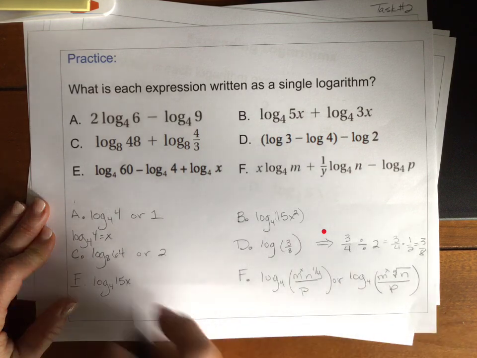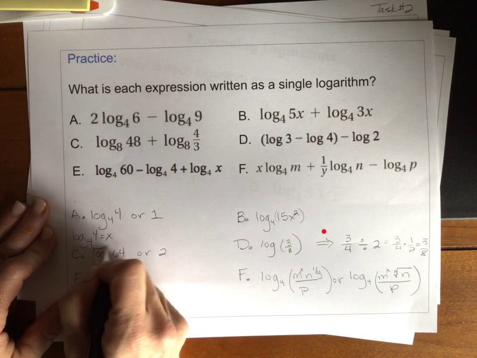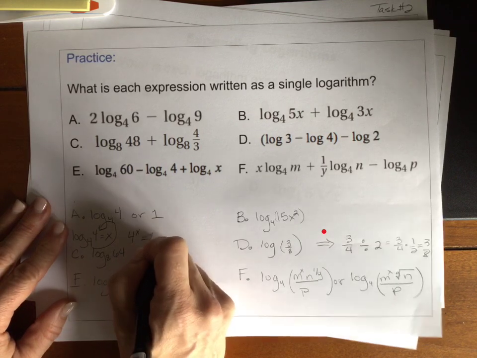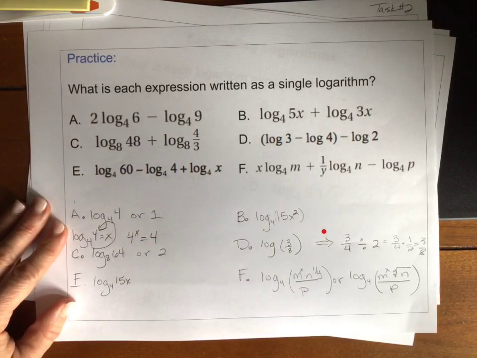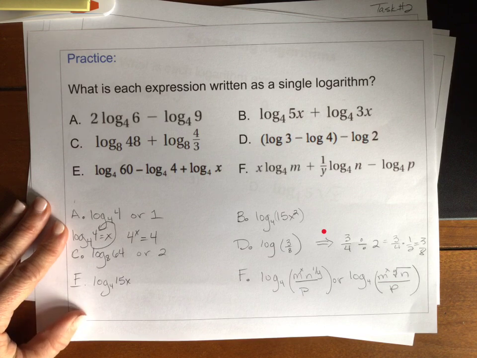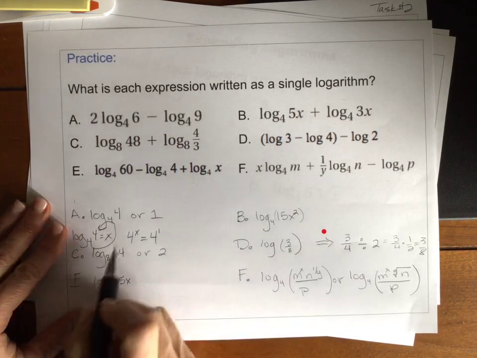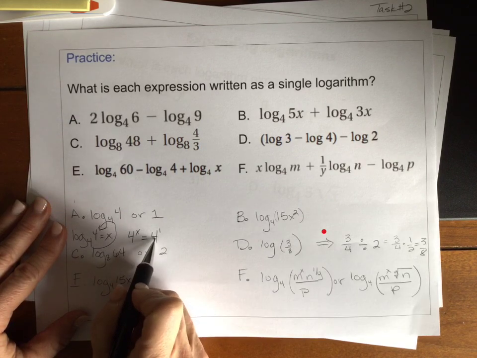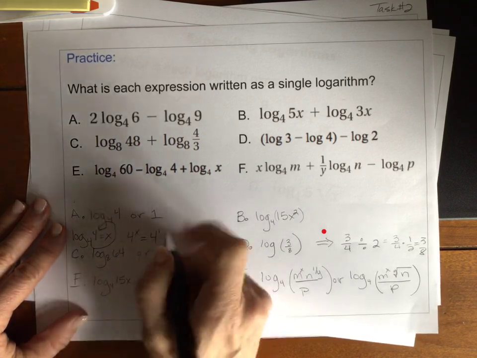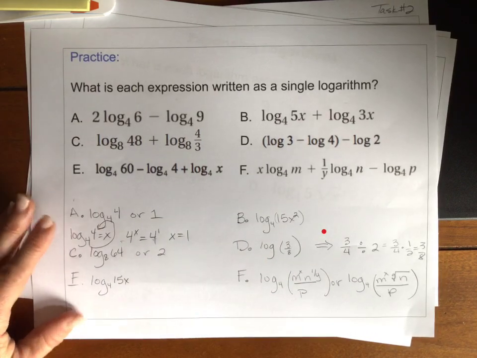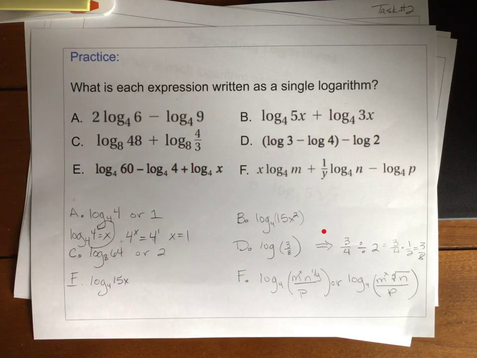If I rewrote this as an exponent, I'm going to have 4 to the x power equals 4. And then I'm going to use the same base property to understand that this is really 4 to the first power. So once 4 and 4 are the same, my bases are the same, then I know x equals 1. Right? If you end up having questions on that, make sure you email me so that I can be available during some office hours to answer that.